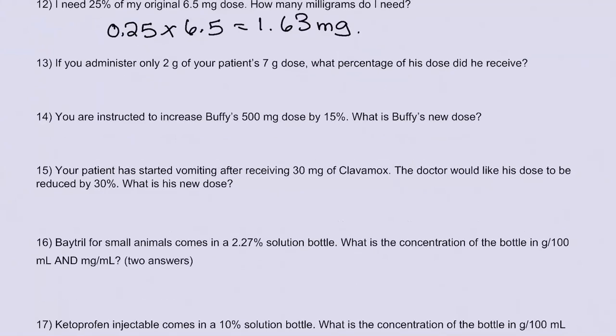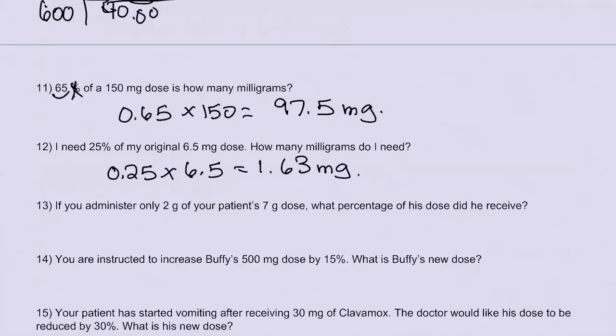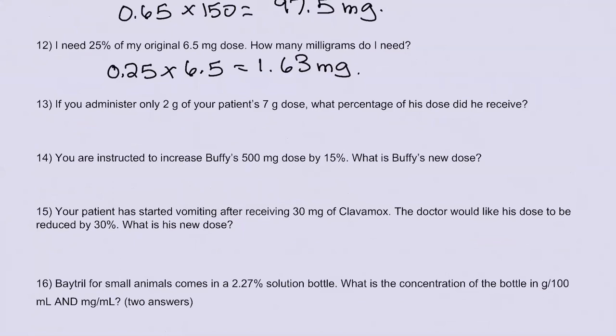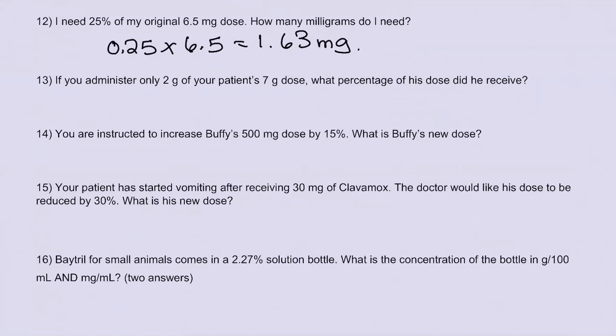All right. Now we've administered only 2 grams of the patient's 7-gram dose. What is the percentage that he received? So it's kind of like the other one that we did up here. So we are going to go ahead and do 7 into 2. There's your 0 there.